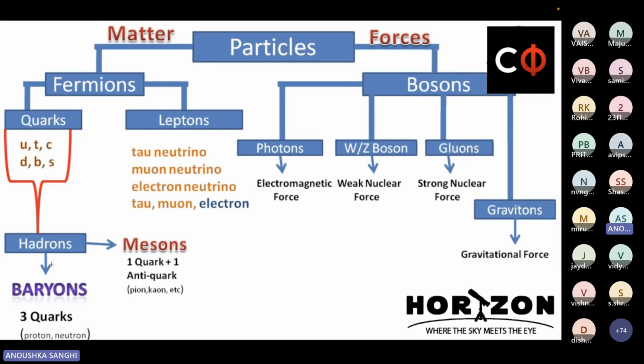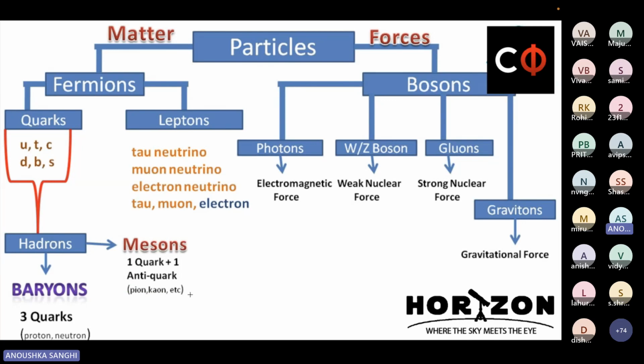Hadrons are divided into baryons, which are made of an odd number of quarks, three quarks, and we know proton and neutron. So protons and neutrons are baryons, since they contain three quarks. For mesons, these contain one quark and one anti-quark. Some examples are pion and kaon.